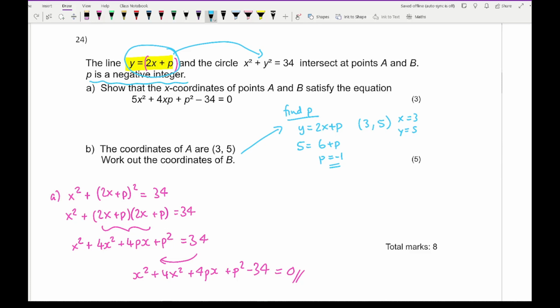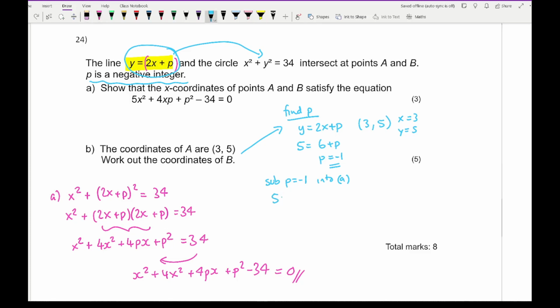So now that I know that p equals minus 1, what I want to do is sub p equals minus 1 into part a. And that will therefore give me the equation of the intersection points. So from this, I've got 5x squared. I know I've put a bracket there, so we just get that.